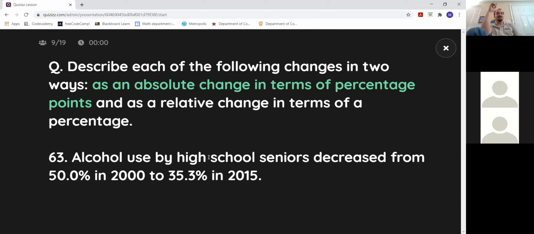So new minus old. And new minus old over old. Compared minus reference, divided by the reference.